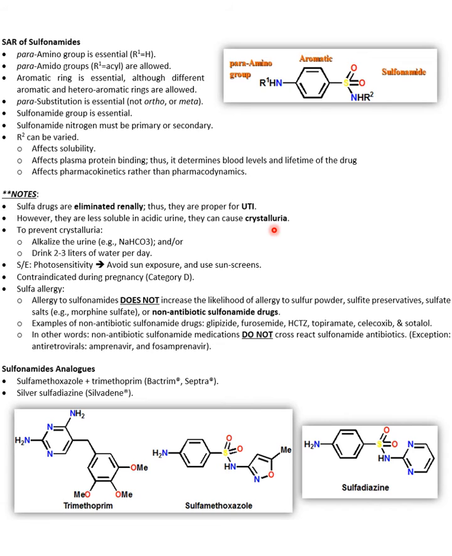In order to prevent the crystalluria, it would make sense to alkalize the urine, taking, for example, sodium bicarbonate, or any of the products that alkalize the urine, or basically avoid things that acidify the urine, such as vitamin C. And to help prevent crystalluria, the patient is advised to drink lots and lots of water throughout the day.